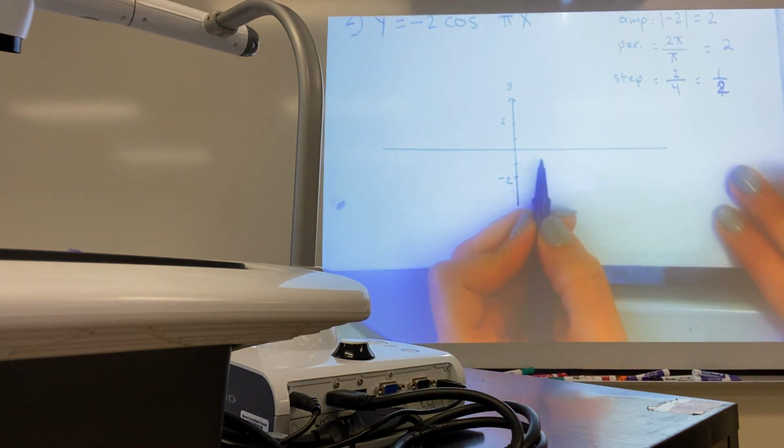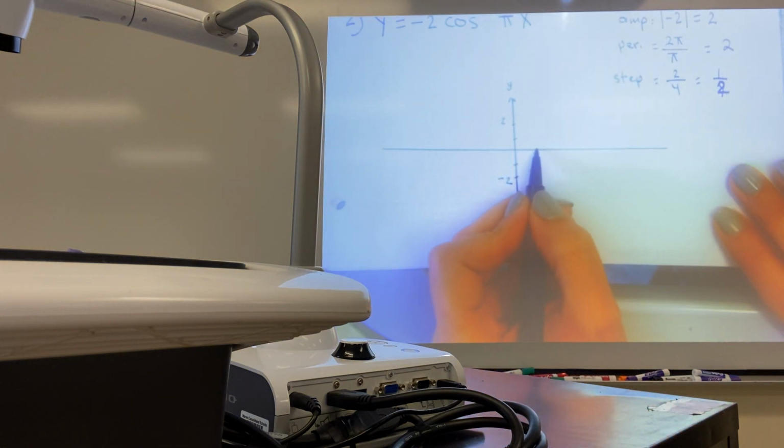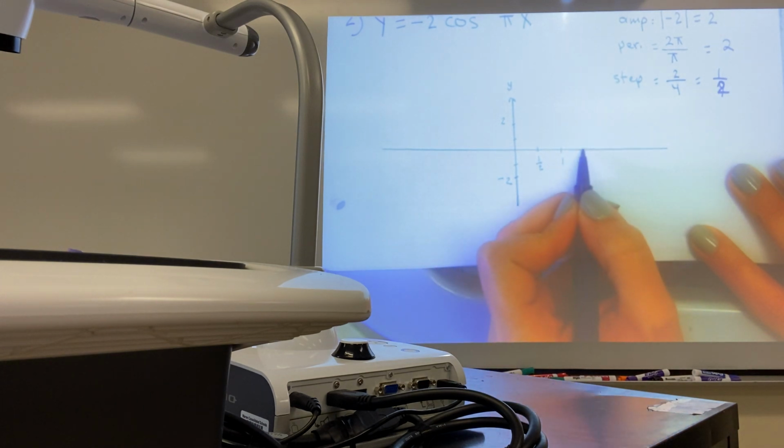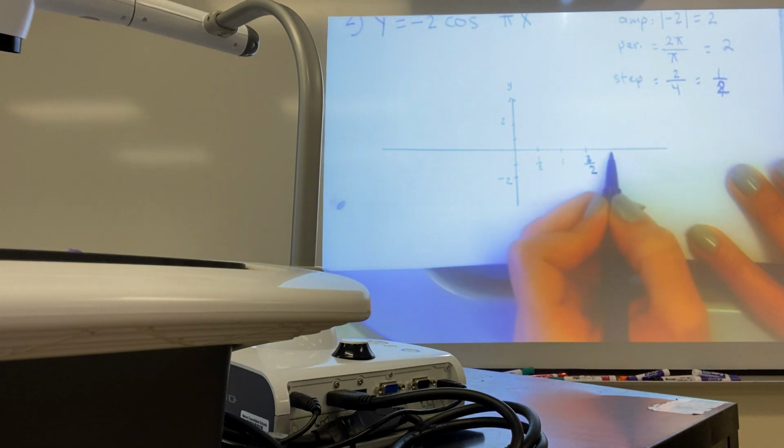And as we said, we're going to mark multiples of 1/2, so that will be 1/2, 1, 3 over 2, and 2.